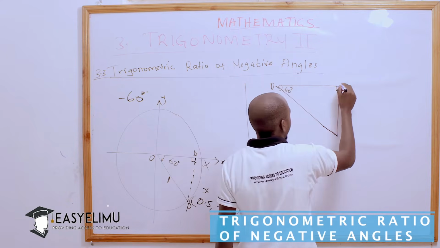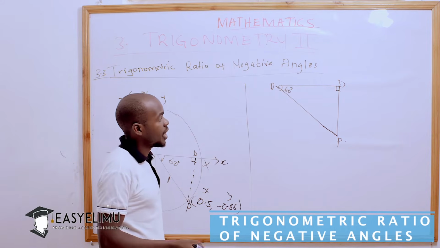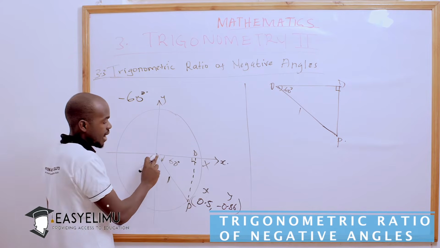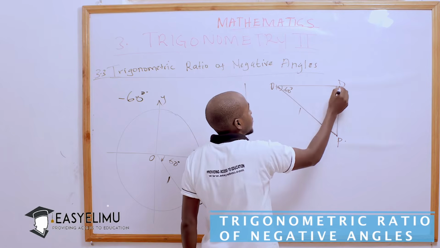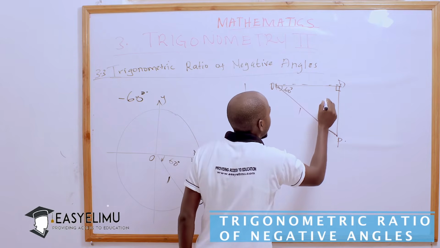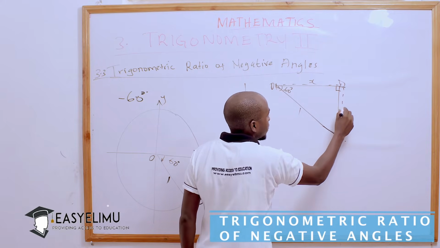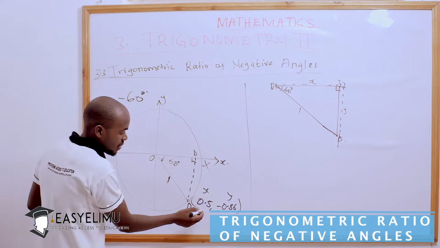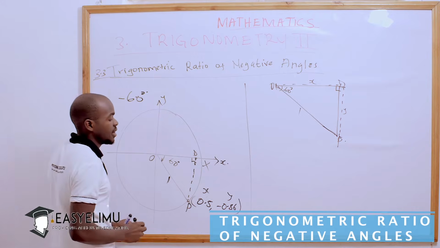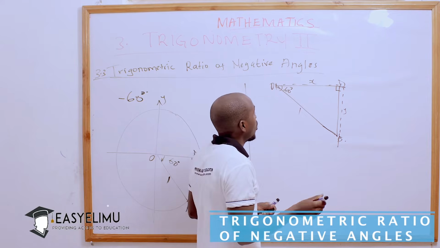This one is O, this is D, and this one is point P. From that, if this one is 1, we can find x, which is this distance, and the y-coordinate is equivalent to this distance y, from that point to where it touches the circumference of the circle.